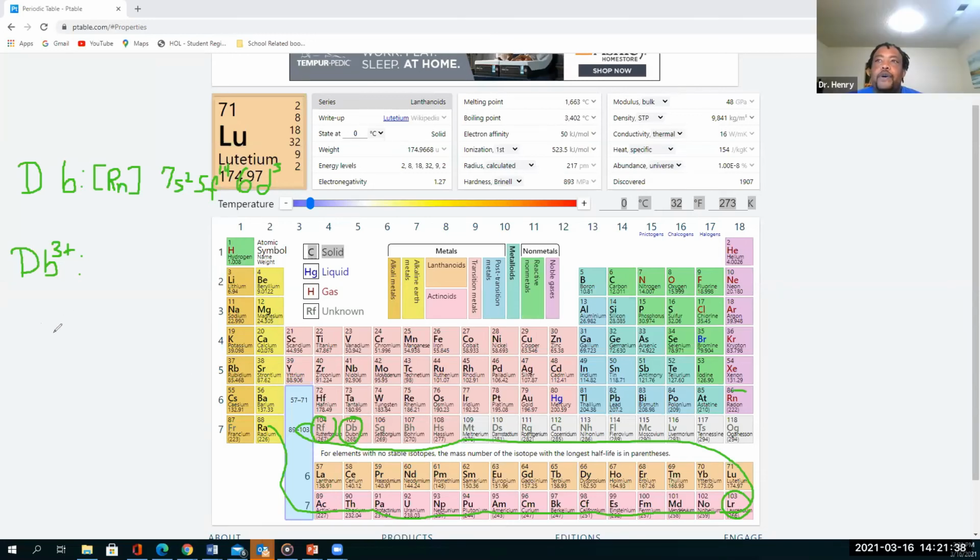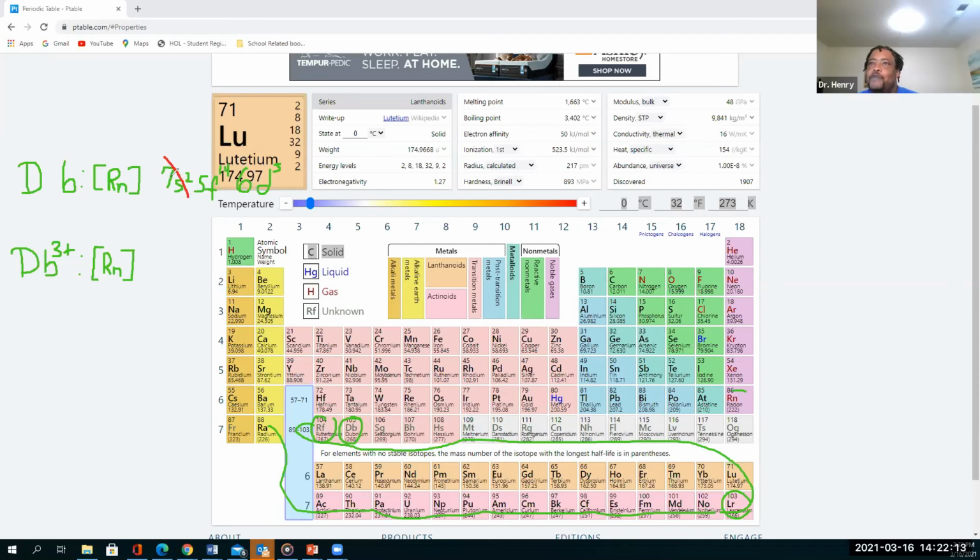Okay, so if I'm removing 3 electrons, what is going to be my core? Radon. And then, would you take off the 7s2 and then take 1 off of the 6d3?